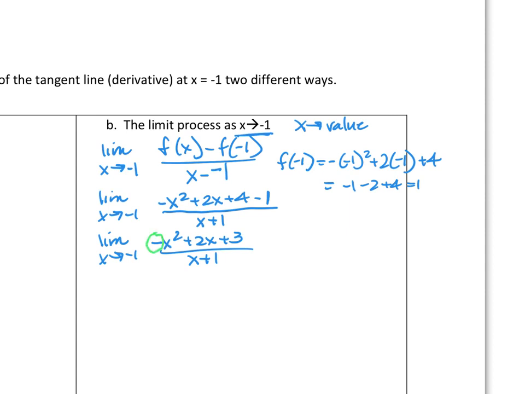Do you see how you have that negative in front? So typically when we do this factoring, we always want to have a positive x squared. In order to get rid of that negative, what I'm going to do is multiply the numerator and the denominator by -1.